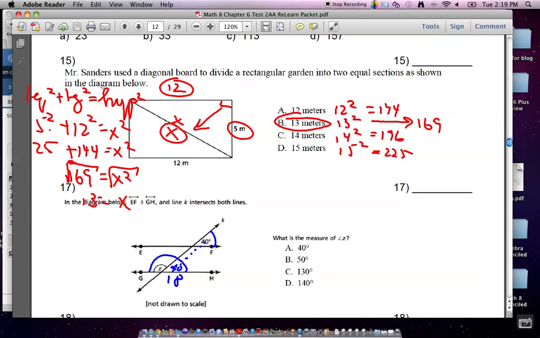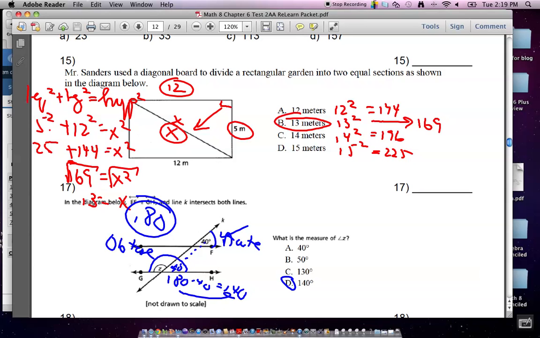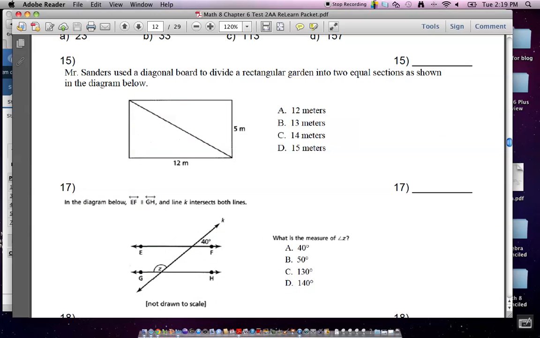So I do 180 minus 40 because a straight line's half a circle, which is 180, and I get 140 degrees, choice D. Another way to look at this, the 40-degree angle is acute. The angle Z is obtuse. If the two angles are both acute, they're equal. If they're both obtuse, they're equal. If one's acute and one obtuse, they're supplementary, they add up to 180. So 180 minus 40 is 140 degrees. Okay.